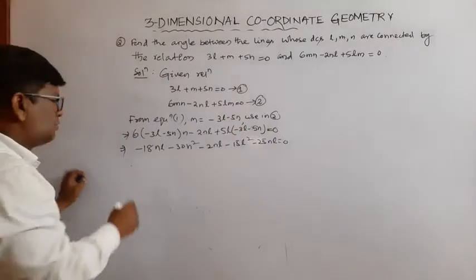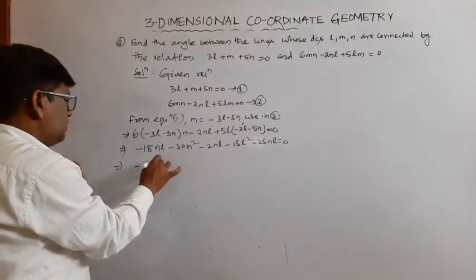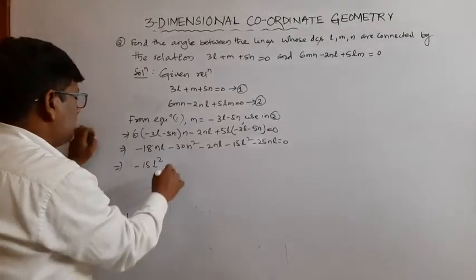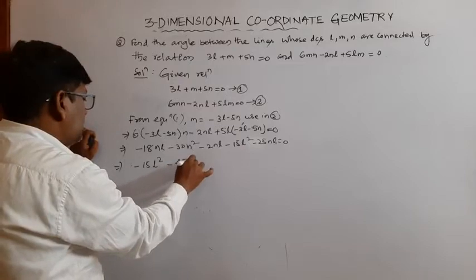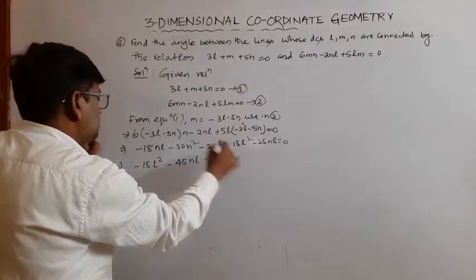Okay, so this is minus 15 L square, minus 45 NL, minus 30 N square is equal to 0.